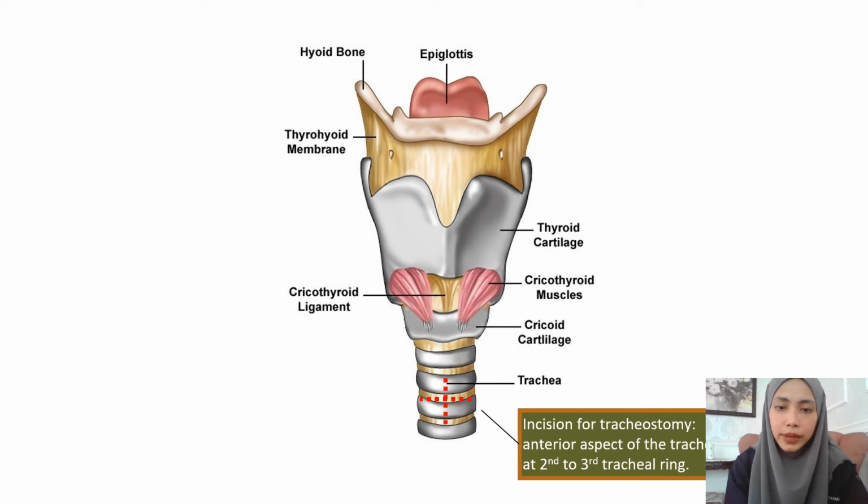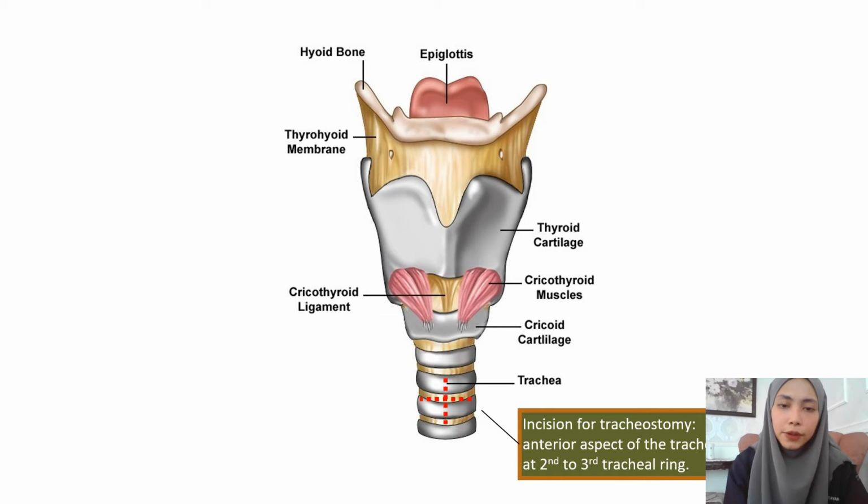We call this the mid incision. We also have high incision and lower incision, but we prefer the incision at the second and third tracheal ring, because the higher one we only reserve for patients with larynx CA, where we will plan to do laryngectomy later.